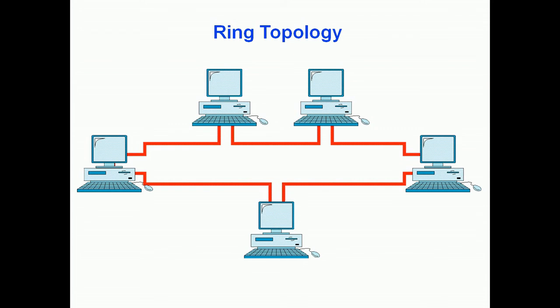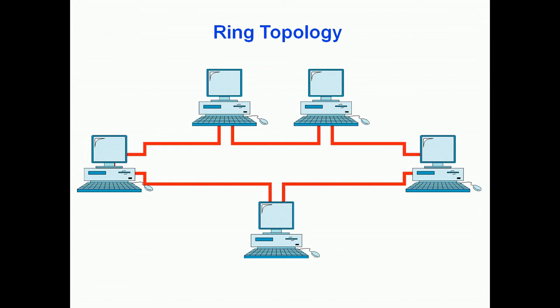If any computer wants to access the data, first that computer captures the token and matches the destination address. If the destination address matches that computer's address, then that data is copied. Otherwise that token is free for circulating throughout the ring. So this is the ring topology.